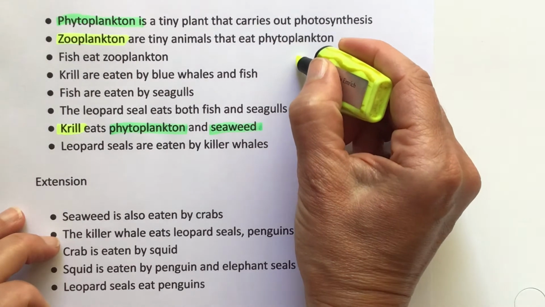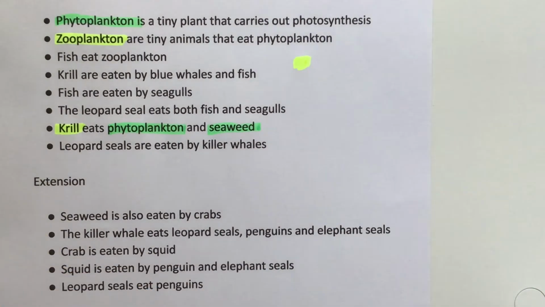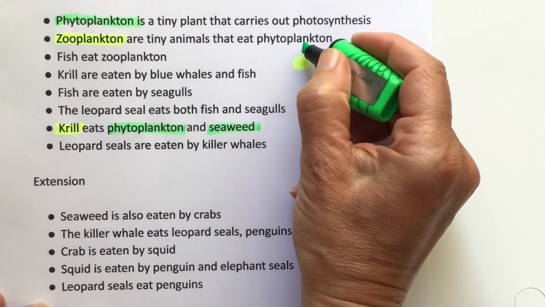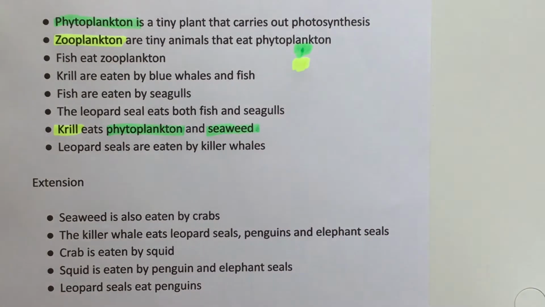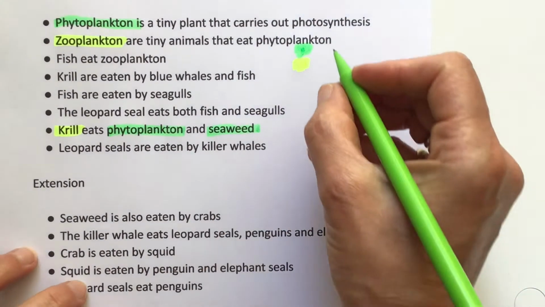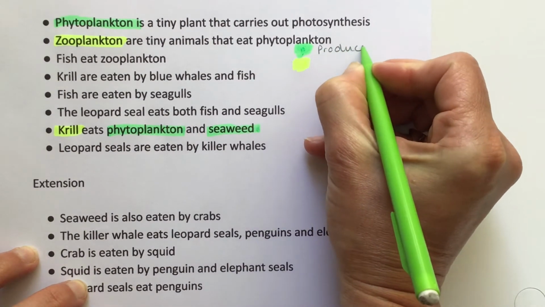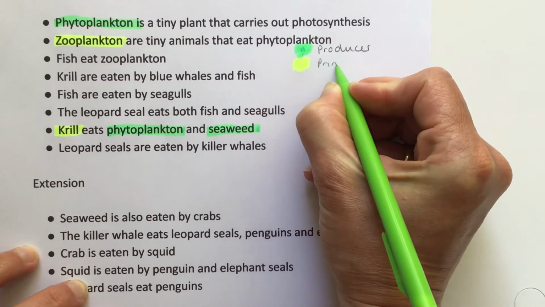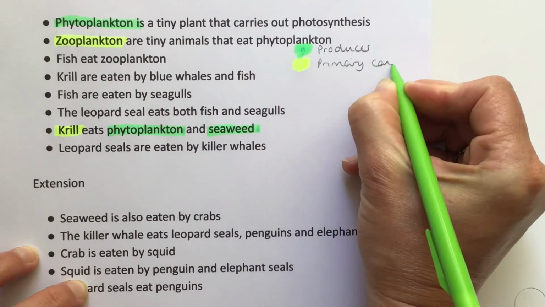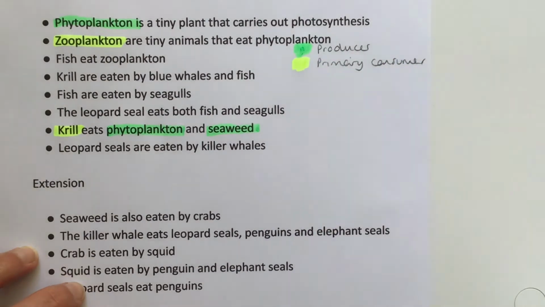I'm just going to make a little key for myself here. So that's my primary consumer. I'm going to put producer. Primary consumer here.